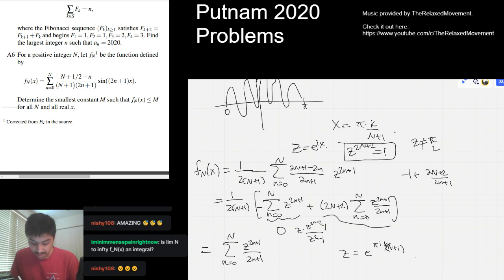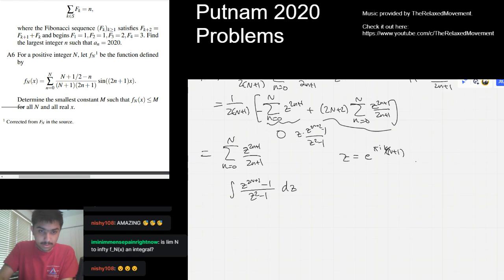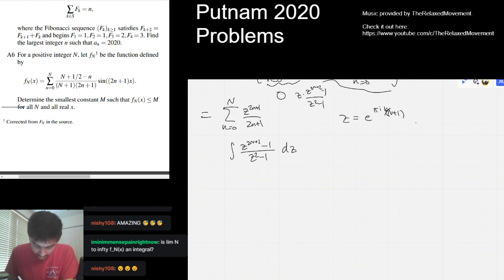So this is now the integral of this. Okay, I need to scroll down. That's what that is equal to. But how do I evaluate this integral?